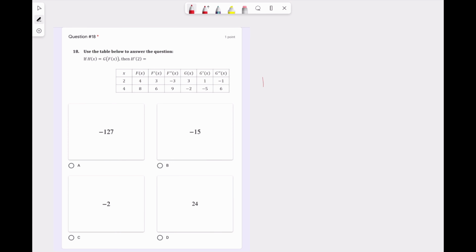I'm going to write h prime of x is equal to, and this is just chain rule, g prime of f of x, and then times the derivative of the inside, which is f prime of x. And we want to know what h prime of 2 is.